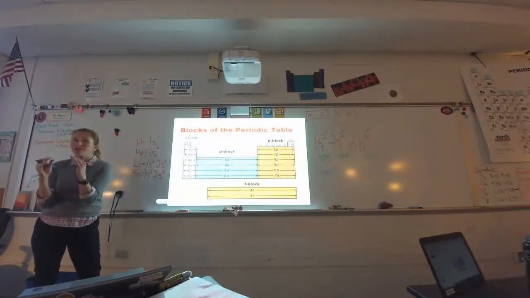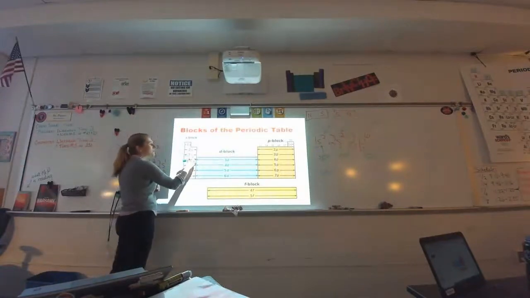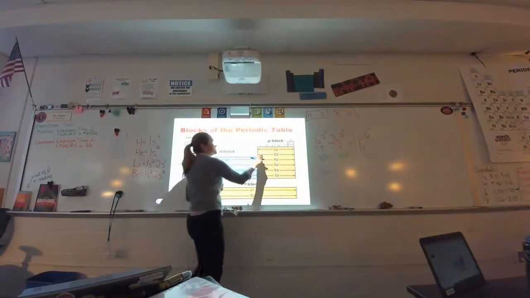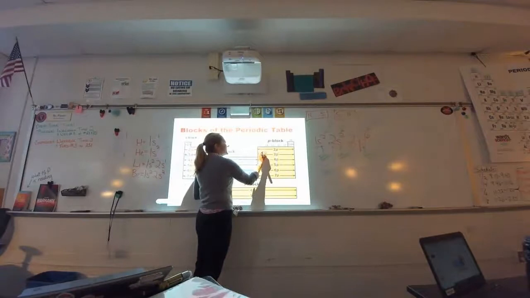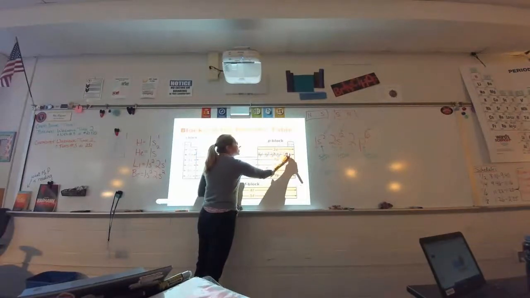It's got ones underneath, but the ones that will bond are 3s1. Whatever is here, 3s2. And then I go across here, 3p1, 3p2, 3p3, 3p4, 3p5.